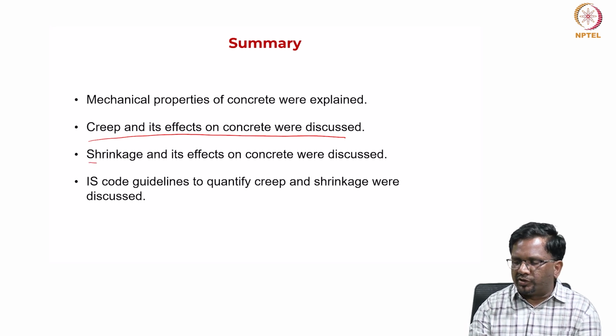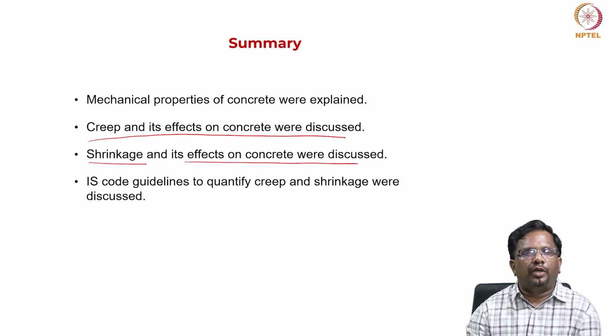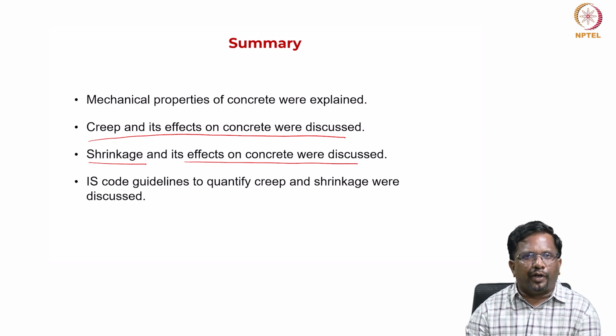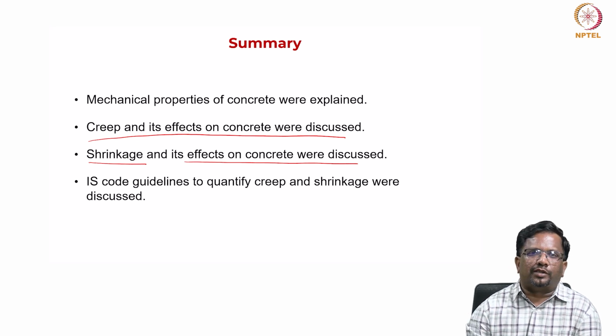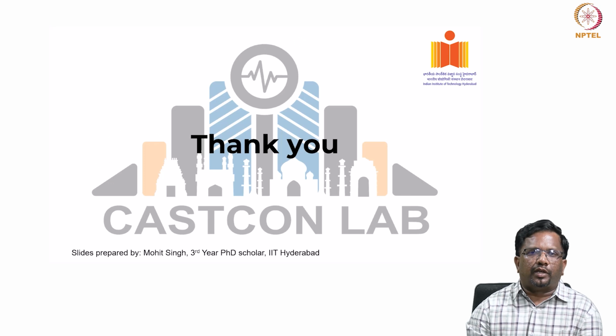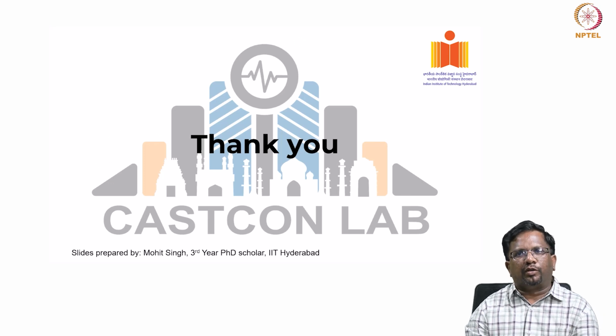We also talked about shrinkage and its effect on the concrete. And we also spent quite a bit of time on how the code is actually calculating the strain from creep coefficient, and also we looked at the shrinkage strain, how to calculate the drying shrinkage strain and how to calculate the autogenous shrinkage strain. So, with that we are completing this part of the module.